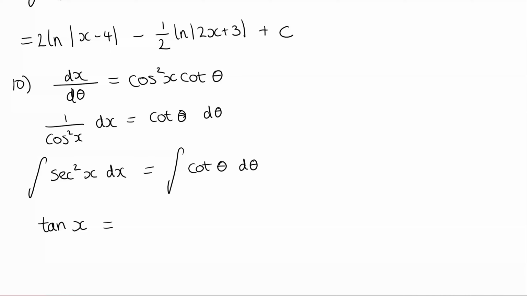That result is in the formula book, if you weren't sure. Integrating cot is also in the formula book, and you get natural log of sine theta, and then we put a plus c there.